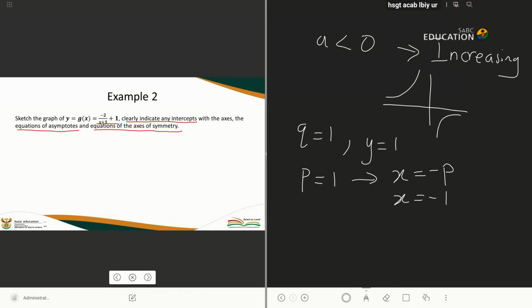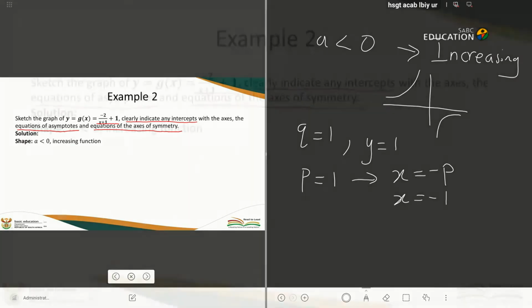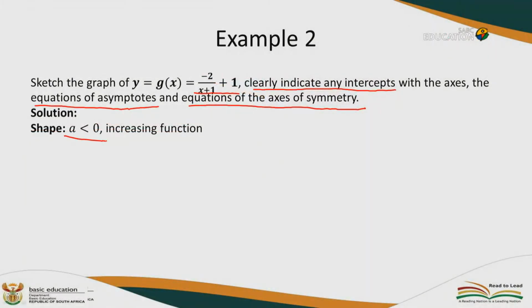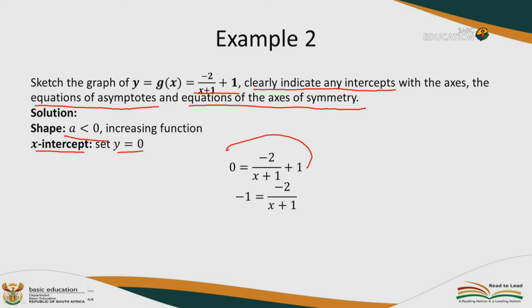All right, so now let us look at the worked out solutions. We say that a is less than 0, so it's an increasing function. For the x-intercept, we are going to set y equal to 0 and solve for x. So we take this to the other side, it becomes negative 1.